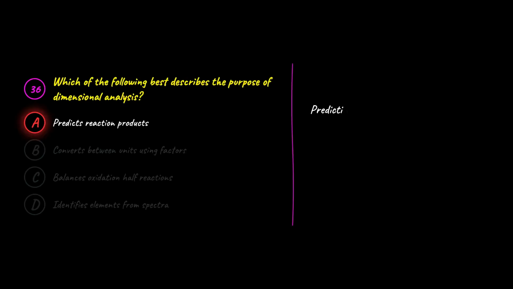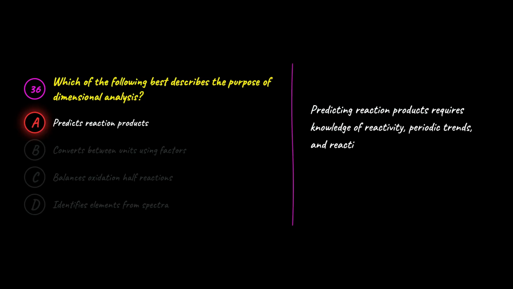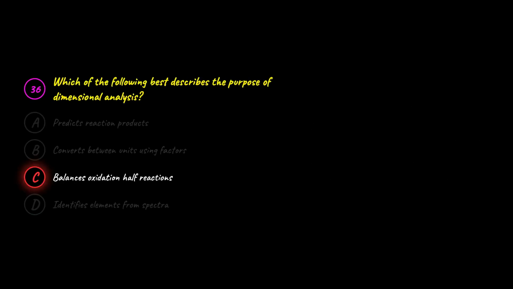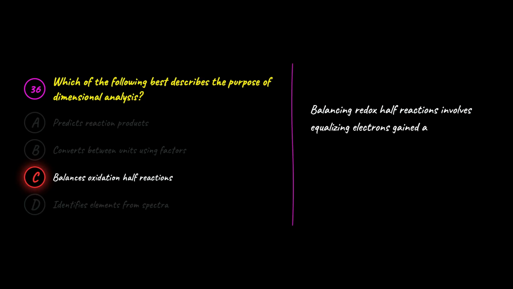A is wrong because predicting reaction products requires knowledge of reactivity, periodic trends, and reaction types in chemistry. None of these skills are part of unit conversion using ratio-based factors that cancel and produce a desired unit. C is wrong because balancing redox half reactions involves equalizing electrons gained and lost between species during the reaction.